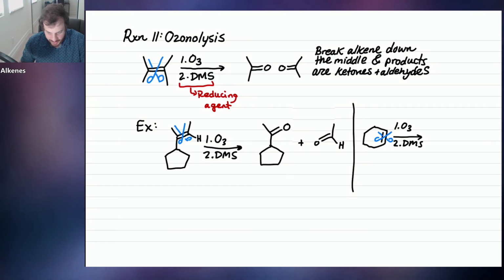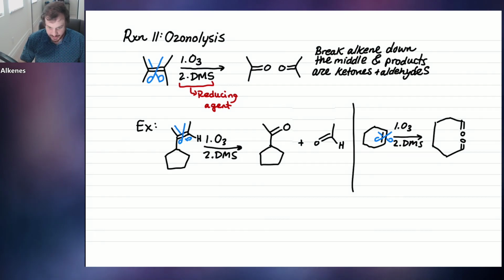So to draw the product, what I recommend you do is redraw the starting material, but make the alkene really long, kind of like that. And then I just erase right down the middle of the alkene and make C=O double bonds there. See that? So that's what the ozonolysis reaction does.